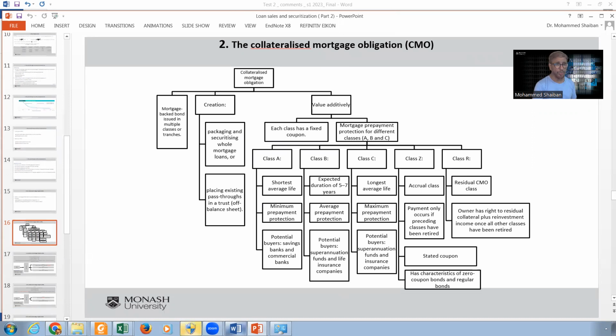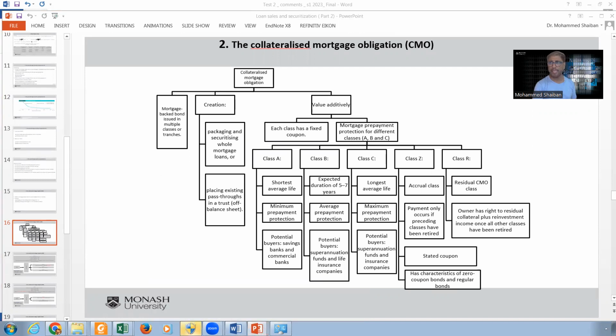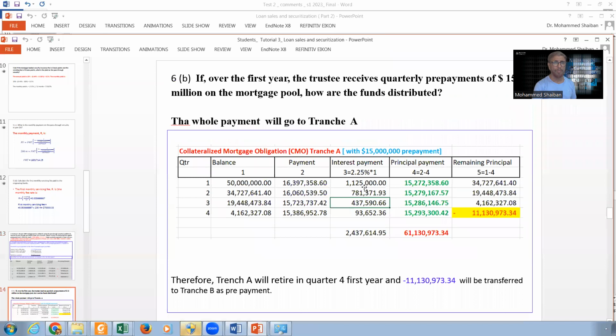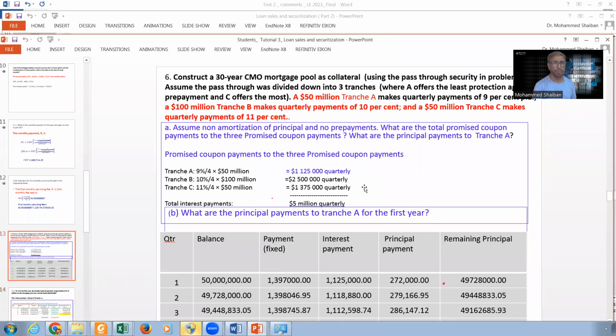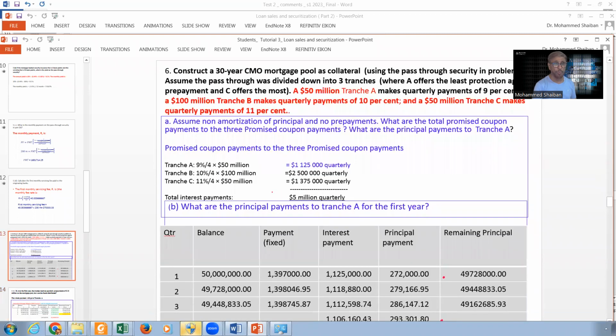Now, the issue with the CMO, which has been discussed with some students, is this table. When we did the calculation, there were many questions. We have no problem with the pass-through, but when we break it down like in this table, there were many questions, and the old book and the new book dealt with it differently.